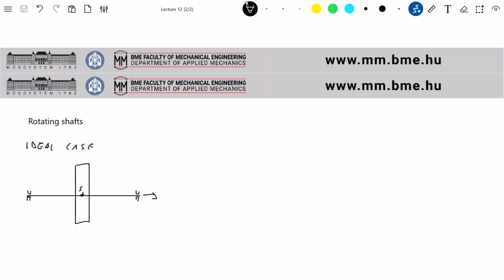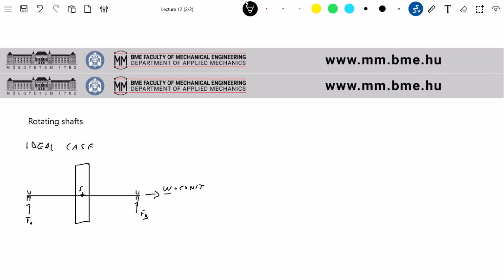And this cylinder is attached to this shaft, which is supported in 2 points. So here we have FA and FB. And this has a constant angular velocity omega.